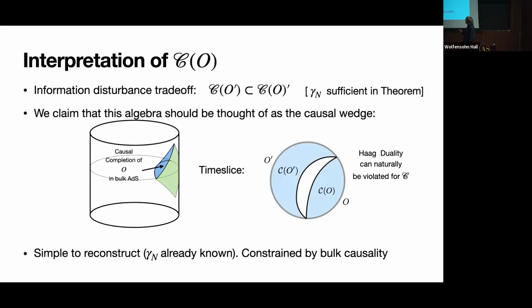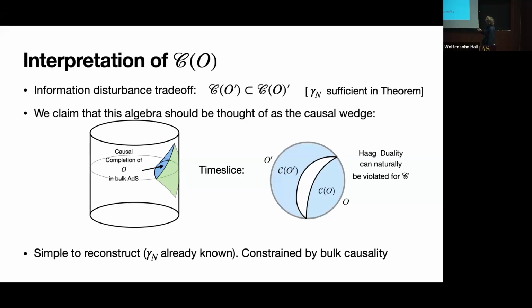So now we can try to give an interpretation for this C of O. The information disturbance tradeoff theorem that I showed at the beginning of this actually proves this causality statement for C of O. This is a non-trivial statement, but we proved it with that theorem.